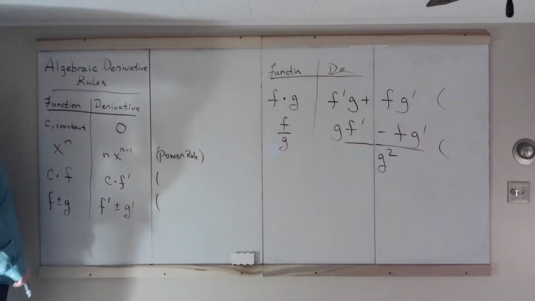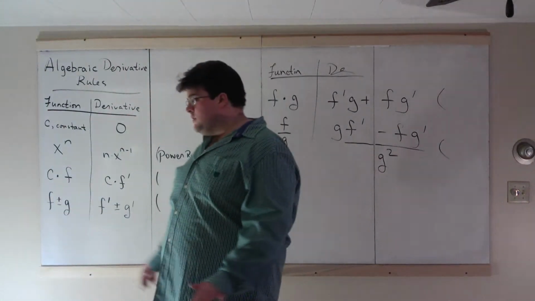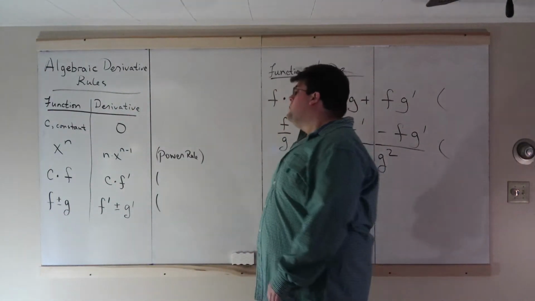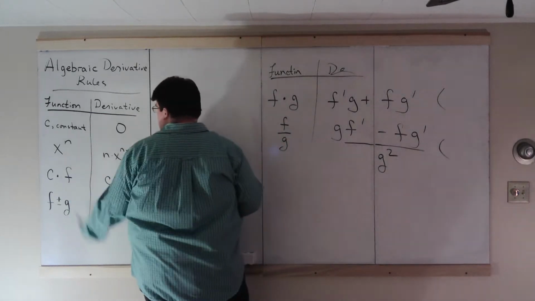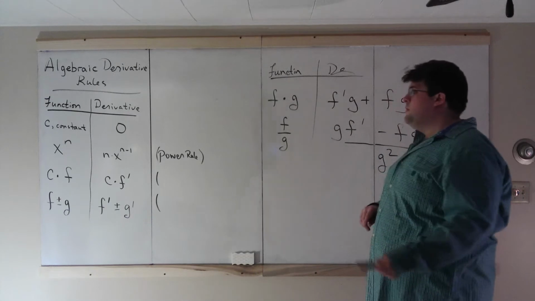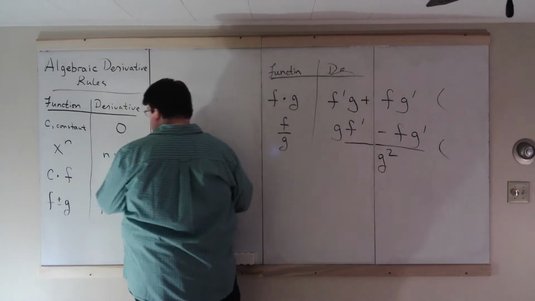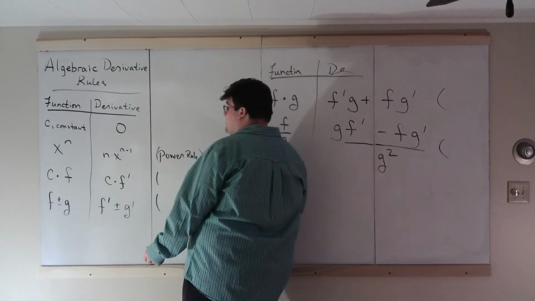Next, so for f and g, I didn't write of x's because I didn't want too many x's in the way. But here we have c times f. C is a constant. Constant times a function. The derivative of a constant times a function is that constant times the derivative of the function.